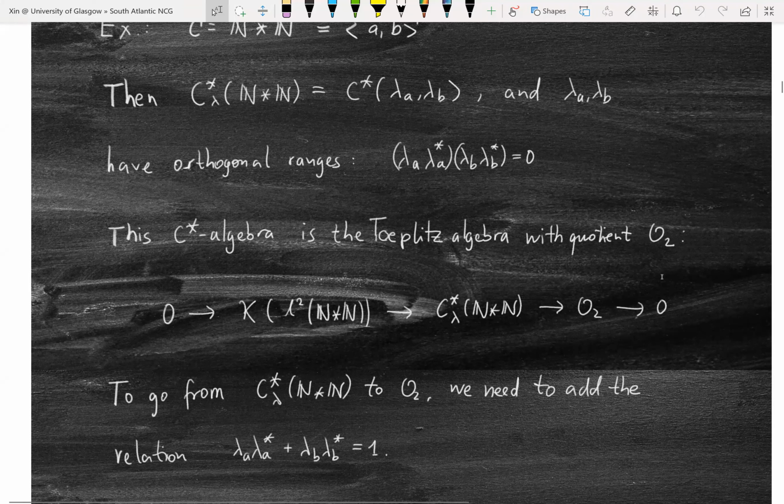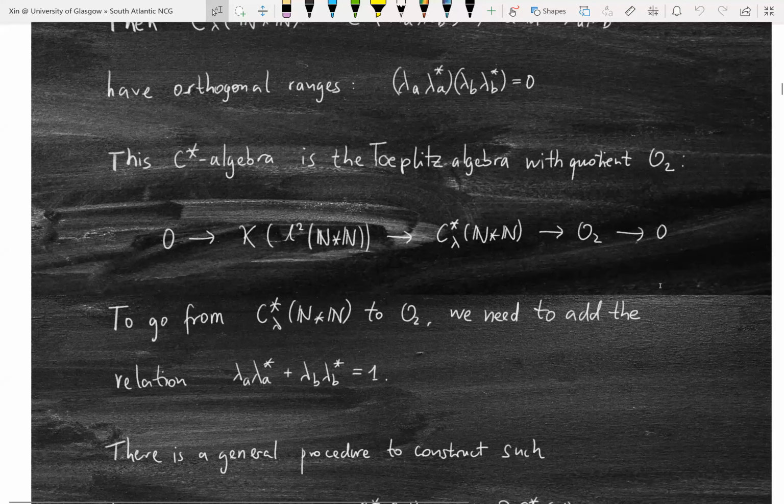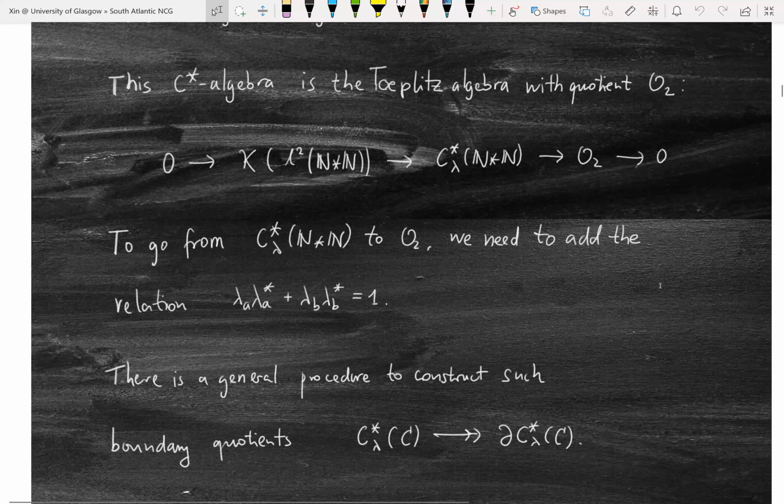I won't go into detail too much, but let me just say that there is a general procedure to form such distinguished quotients. These are also called boundary quotients, related to Axel's theory of tight filters, tight quotients, and so on.